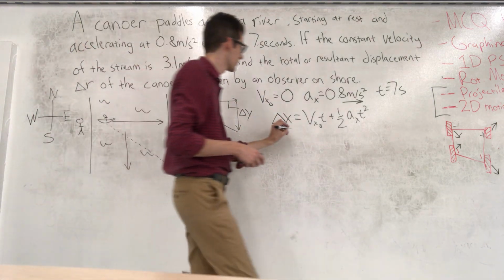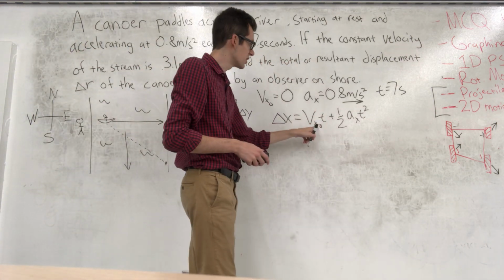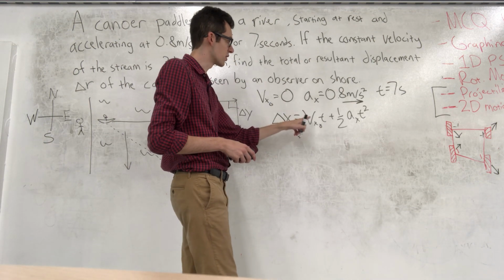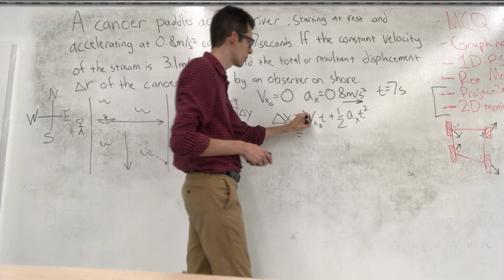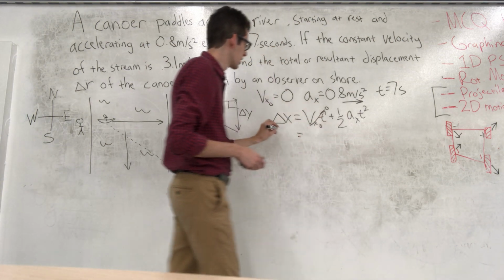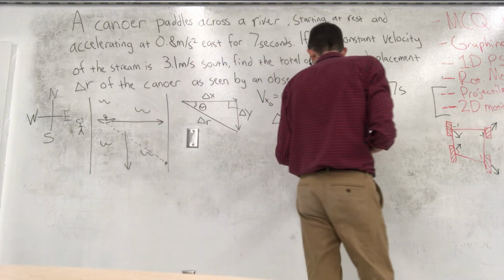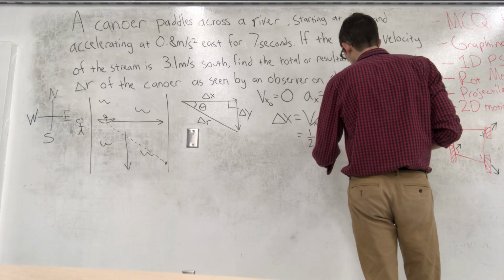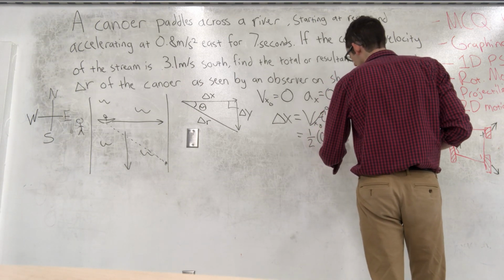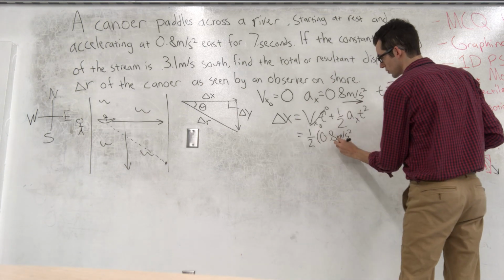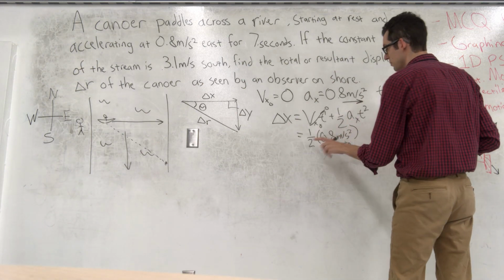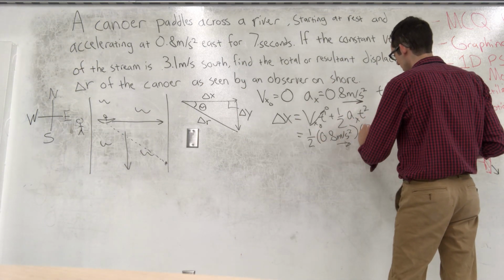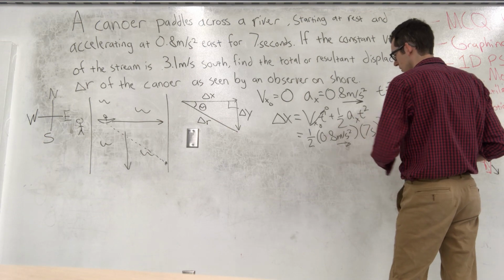Let's go ahead and do that. So Vx initial is 0, which means this whole term right here, 0 times t, will just be 0. So our delta x is equal to 1/2 times our acceleration in the x direction, which is 0.8 meters per second squared to the right, times our time squared, which is 7 seconds squared.